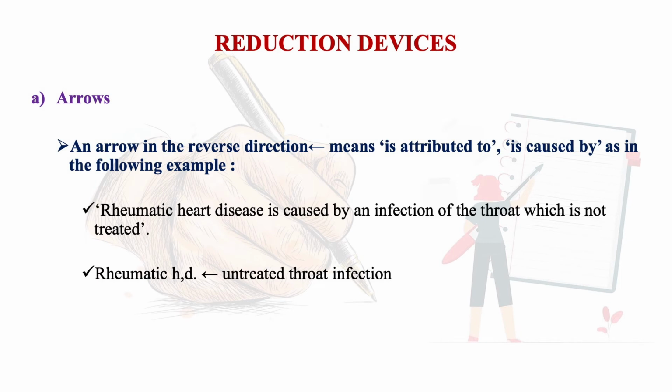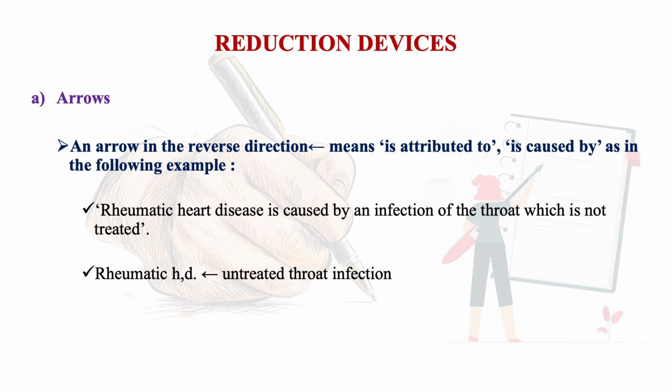Suppose this is the sentence, then how do you make note of this? Rheumatic heart disease: in place of writing heart disease, you use the initial letters H and D. So HD is heart disease, and is caused by. Instead of writing is caused by, you simply make use of a reverse arrow, which means caused by.